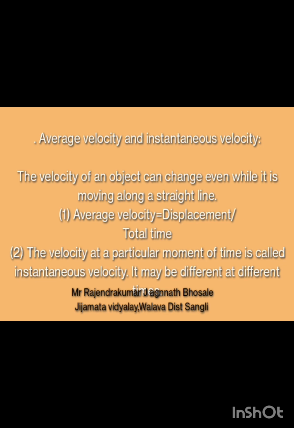So the formula is: average velocity is equal to displacement divided by total time. And the velocity at a particular moment of time is called instantaneous velocity. It may be different at different times.